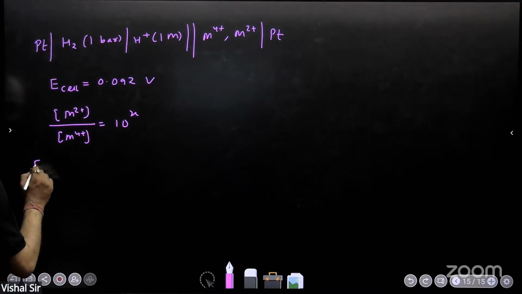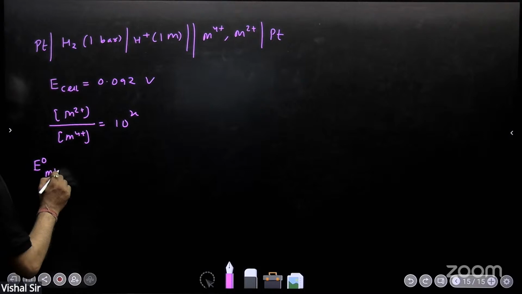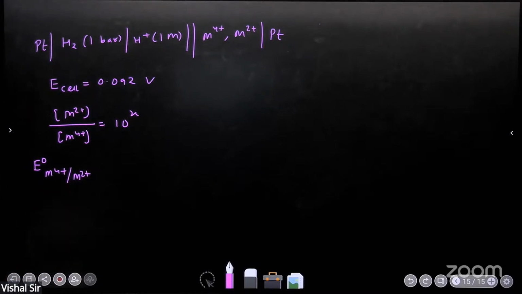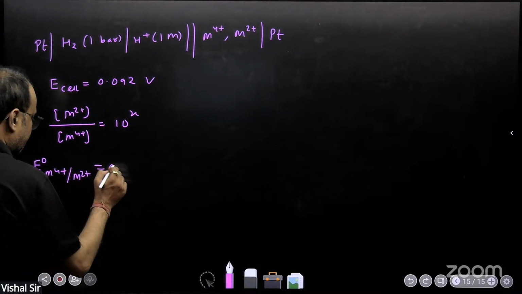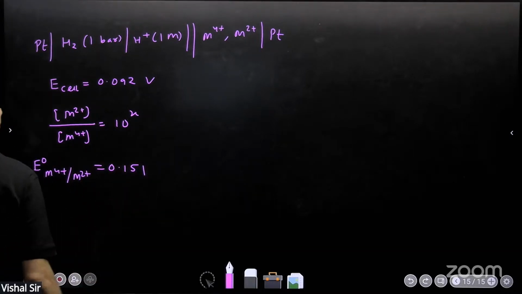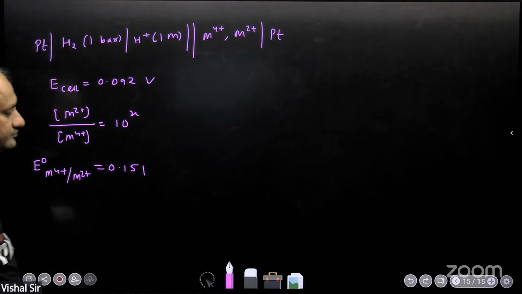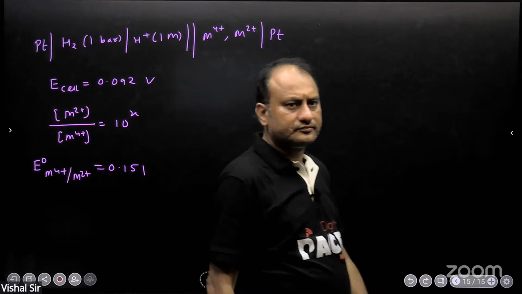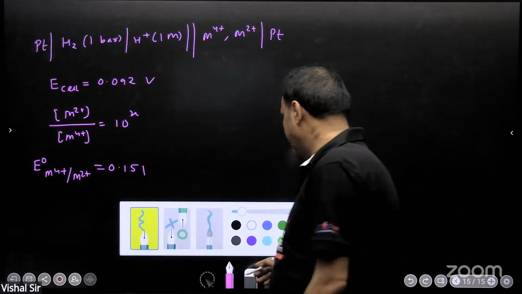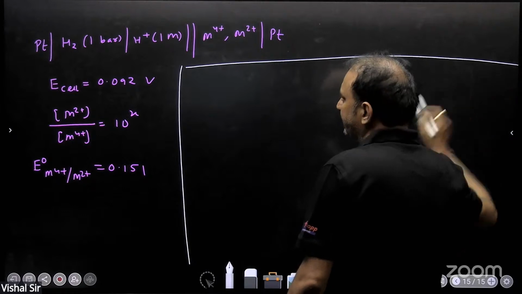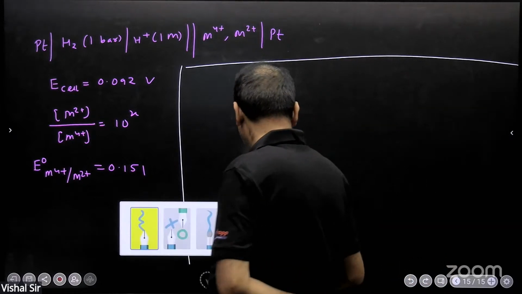E naught of M4 plus to M2 plus, this E naught value is given to us as 0.151 volts, and we have to find the value of x. You can see how many problems on Nernst are coming continuously. Same application of Nernst again and again.